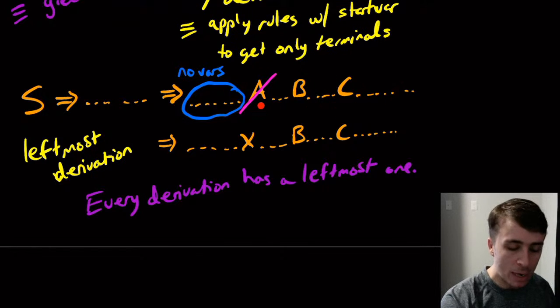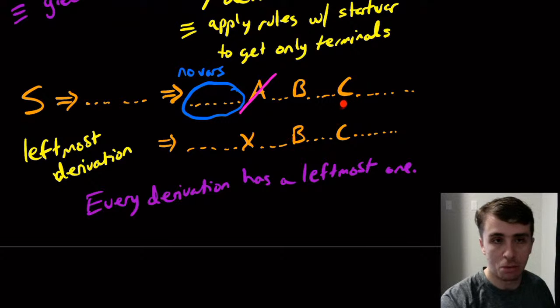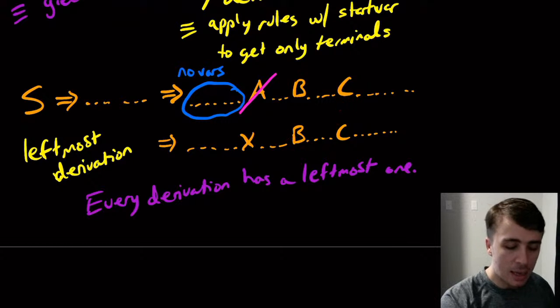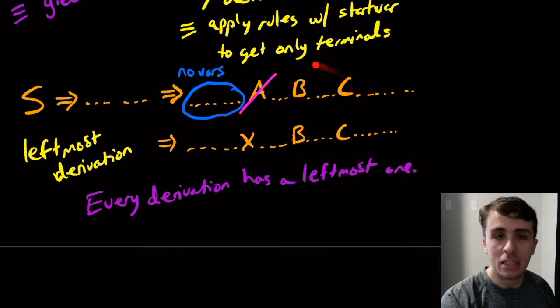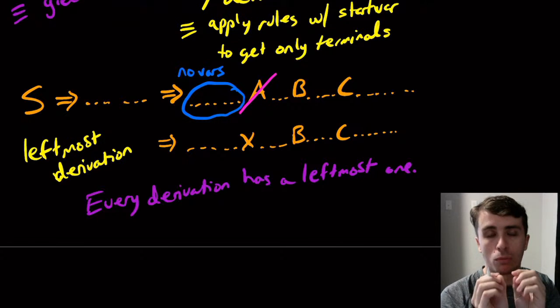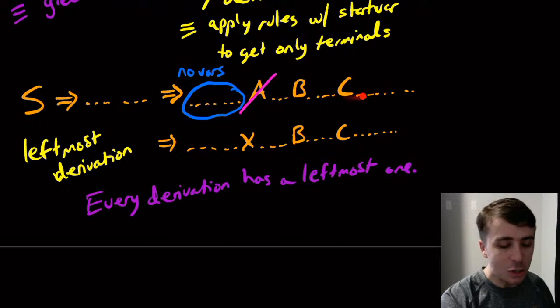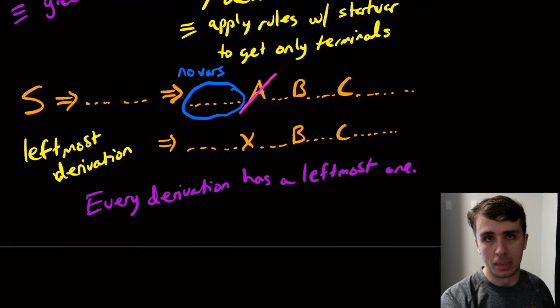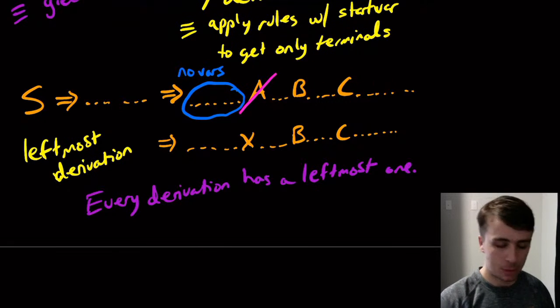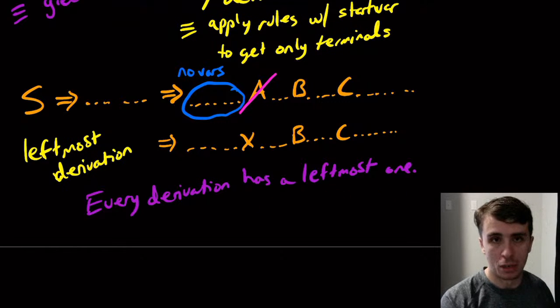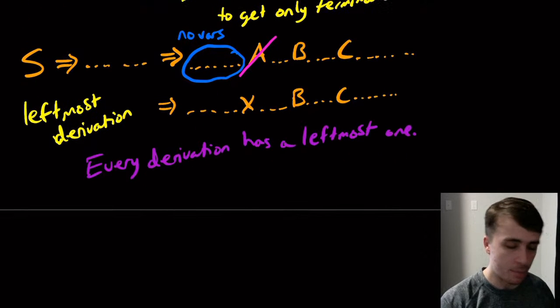So like whatever A gets replaced with here, B gets replaced with eventually, C gets replaced with eventually. All of these are independent from each other. So it's not true that all rule applications are independent, but the ones at each given point are independent because it's a context-free grammar. So every derivation has a leftmost derivation, which will actually be kind of important later.